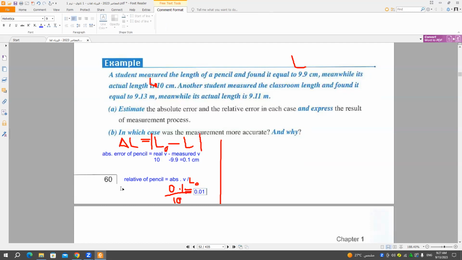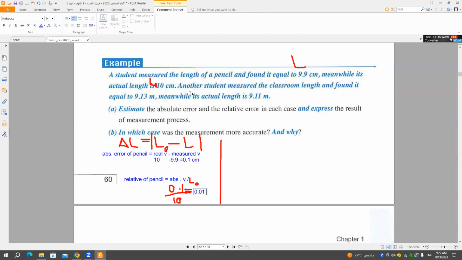What is the measuring unit of the relative error? Excellent. Relative error doesn't have a measuring unit. Why? Because it is the ratio between two physical quantities that have the same dimensions.